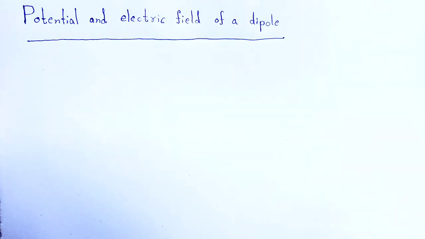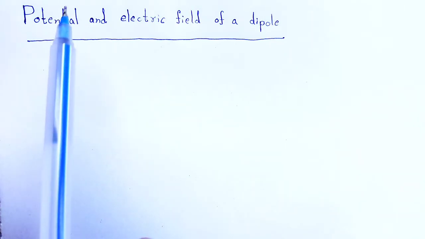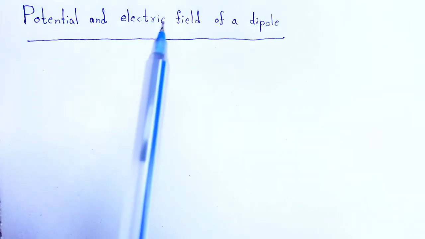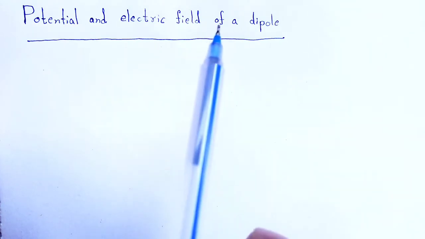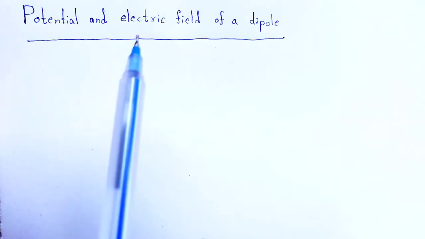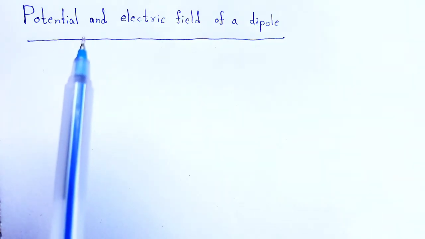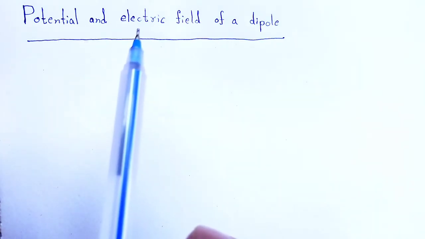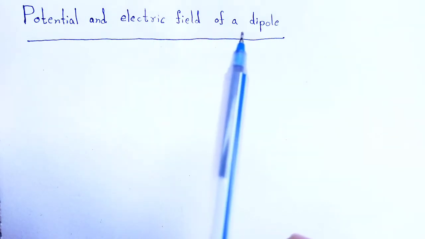In this video, we are going to discuss potential and electric field of a dipole. Let's begin. First, we derive the potential of a dipole, and by applying the relation between potential and electric field, we can easily find out the value of electric field of a dipole.